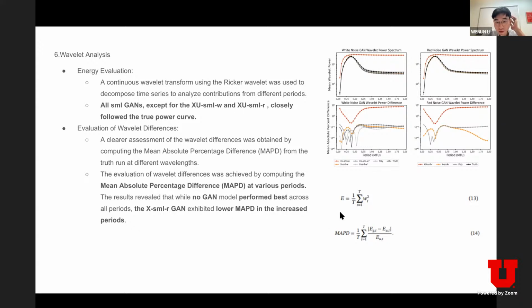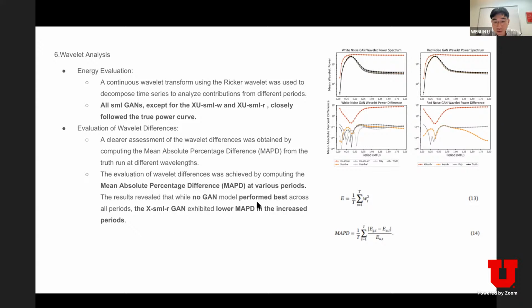And by the way, this is the equation for the energy. W means the weight. They also use the mean absolute percentage difference to evaluate the different GAN models.